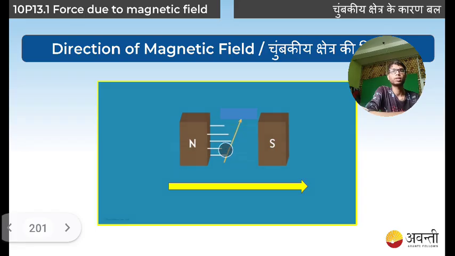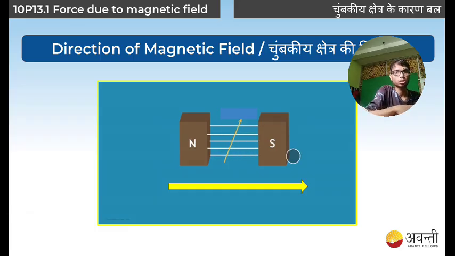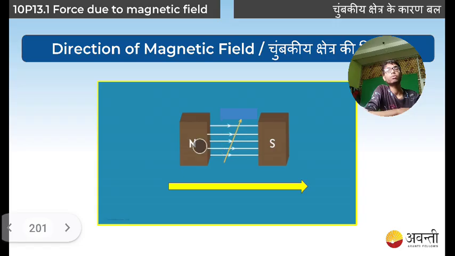What will be the direction of the force? This is the direction of the force. Here this will attract to this, of course, because as we know, north is attracted by south. South will attract this north. So the direction would be like that. This is the direction of the force.